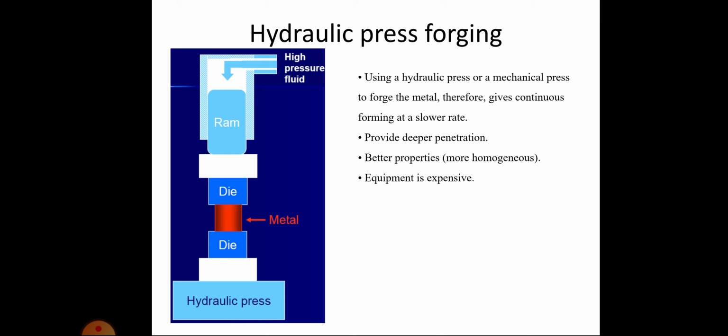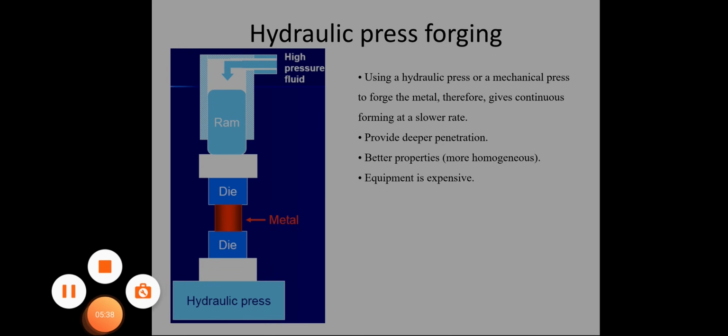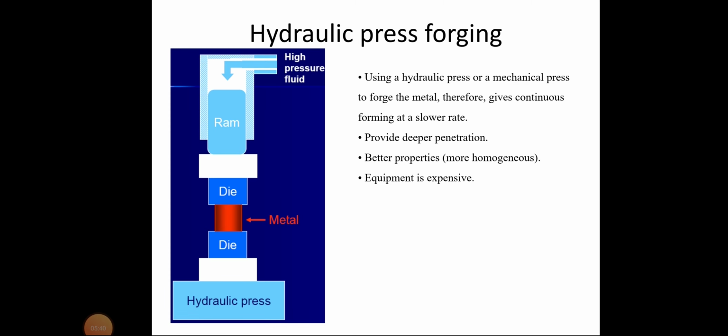Hydraulic press can give continuous forming at a slow rate, and they provide deeper penetration. More improved properties can be obtained by using hydraulic press forging, and thus the equipment is expensive.